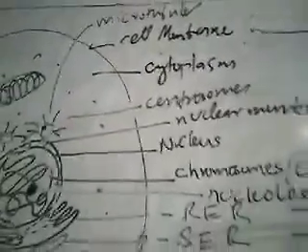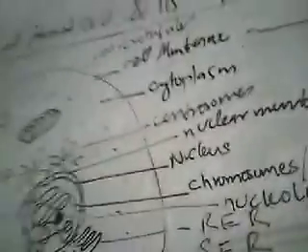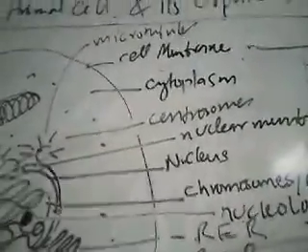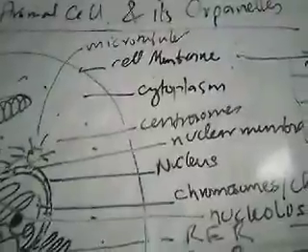Okay, moving on to the next thing: this whole animal cell is made up of a fluid. This fluid is called cytoplasm. The cytoplasm is actually the fluid within the cell. Why do we need this fluid? Because within the cell there are different organelles that are floating in the cell.